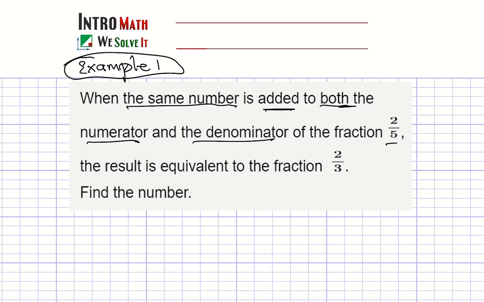Notice I explained in the other video that the fraction 2/5 is a rational expression. 2 is considered a polynomial, 5 is considered a polynomial, and likewise for 2/3. So even though we say fraction, they are rational expressions.